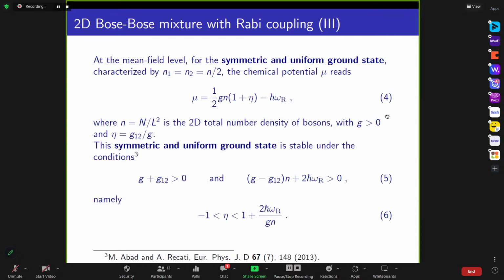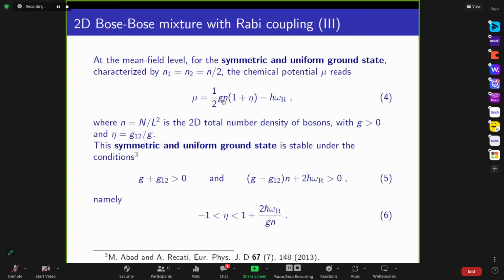So at the mean field level, at zero temperature, the symmetric and uniform ground state is characterized by having the same number of particles in the two states, and I denote with small n1 and small n2 the number densities, which is equal to the total number density small n divided by 2. And the chemical potential of the system, mu, is related to the density small n with equation 4.